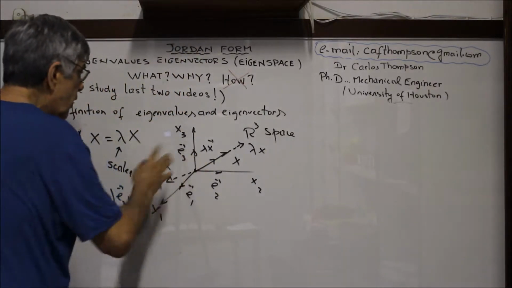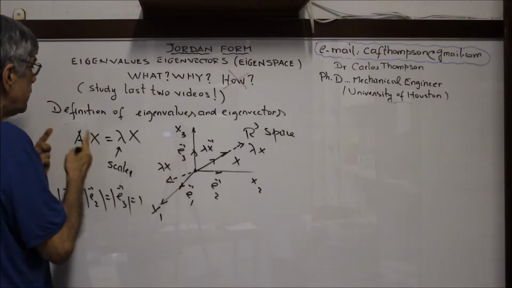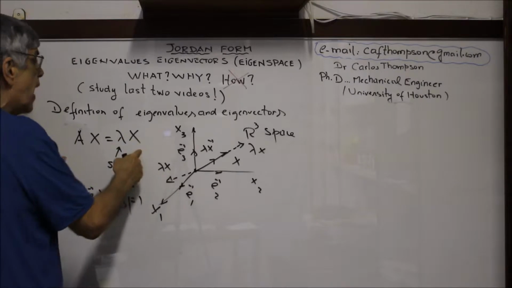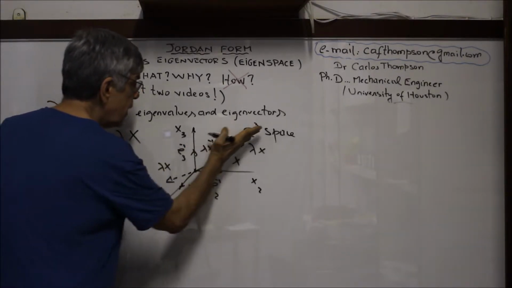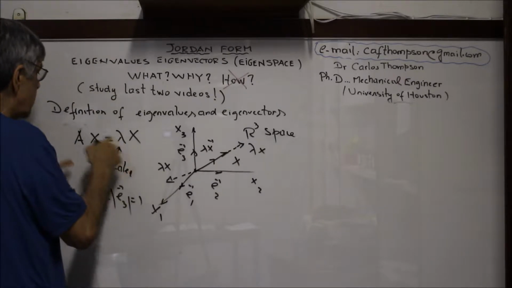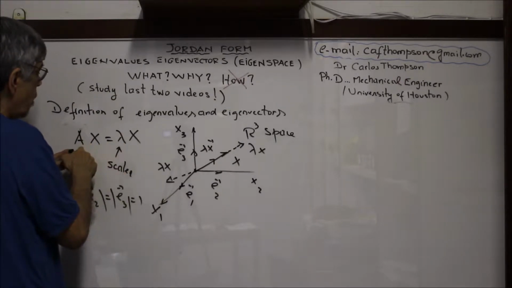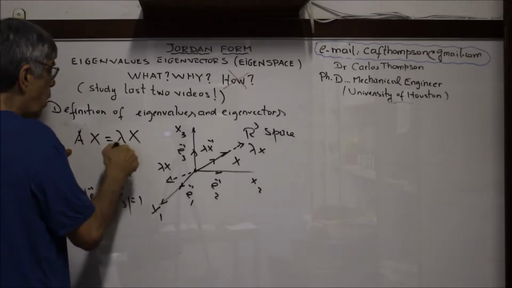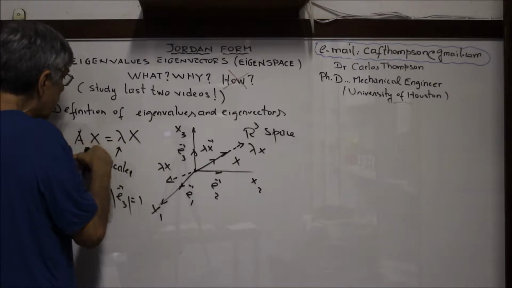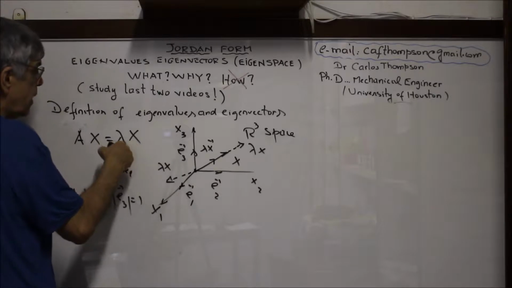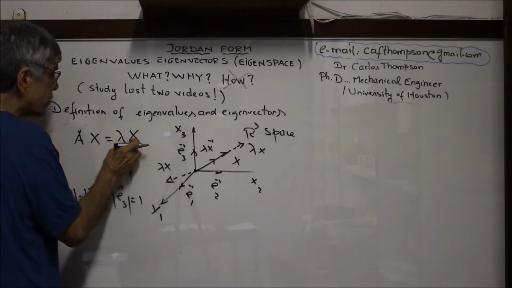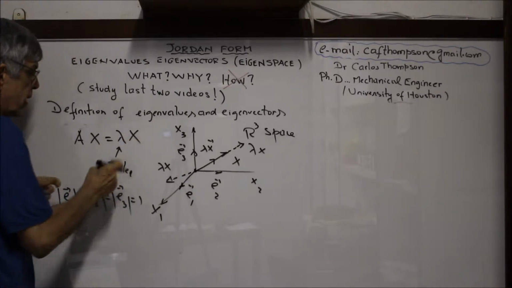Now we understand what an eigenvector means. This is a direction, and lambda is a scalar. So A operates on X. What does this operator do with X? It changes the size of this vector by lambda.